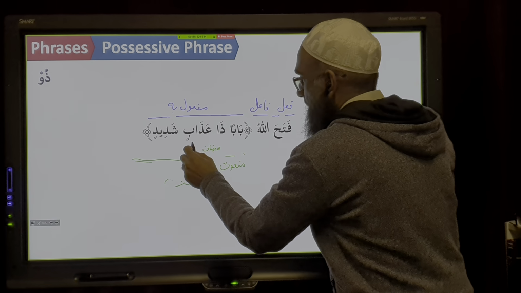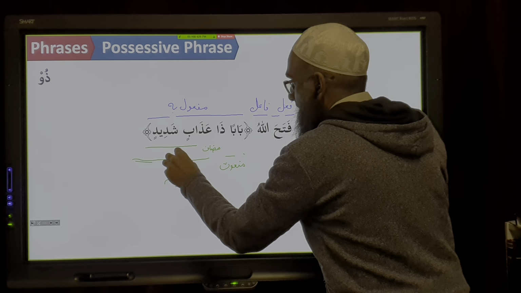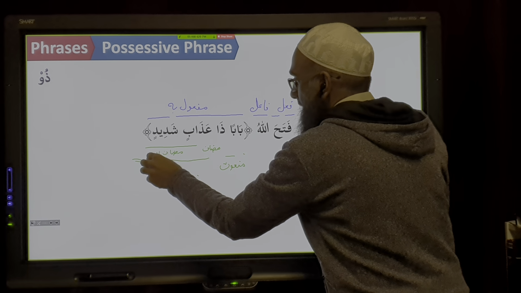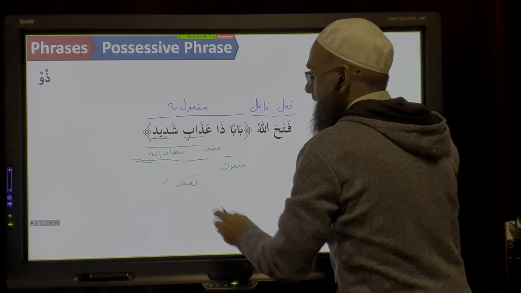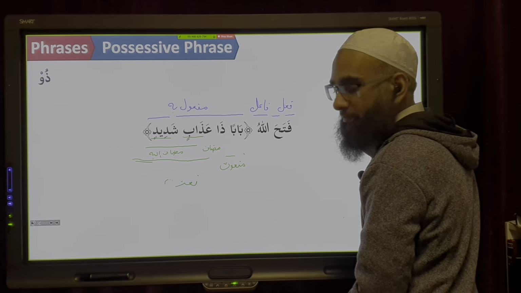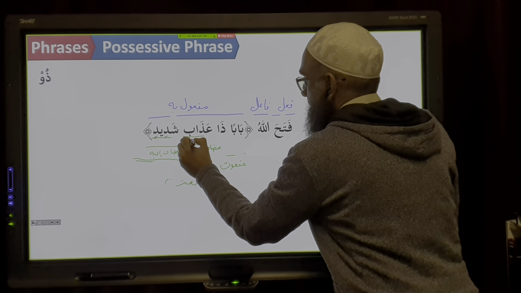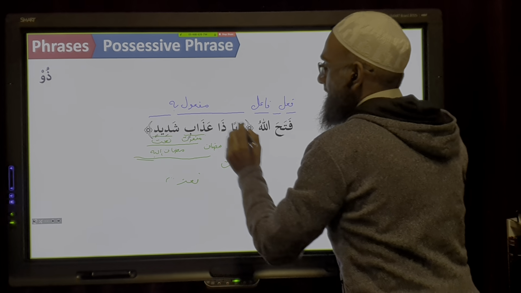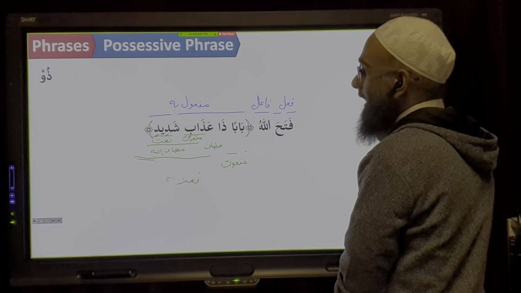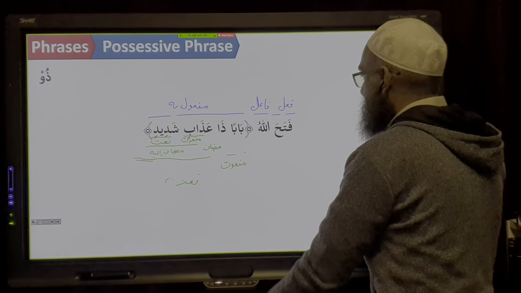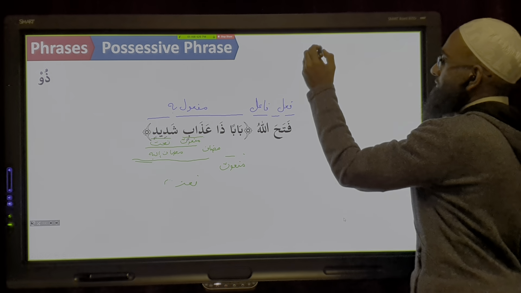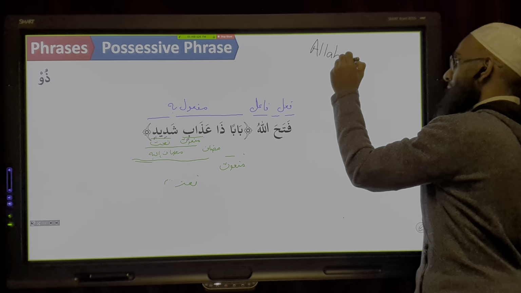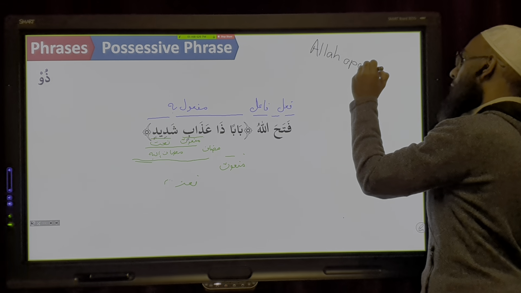Okay. And dha adhabin. Dha is mudaf. Adhabin shadidin is mudafun ilay. And adhabin is what? Man'u. And shadidin is not. So man'ut and not. So how to translate this? The or a?